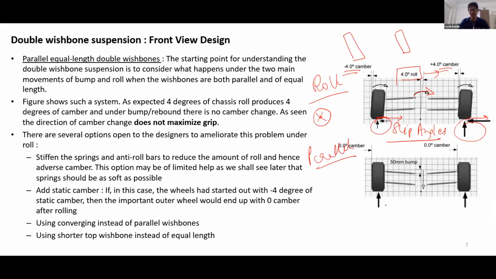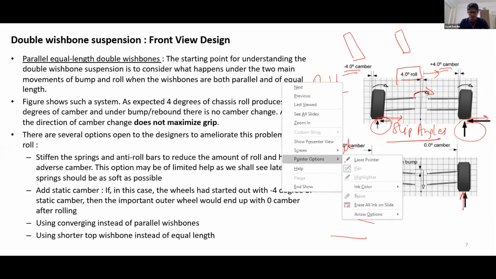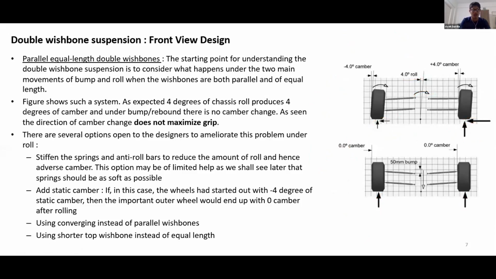During parallel travel, as you can imagine, with equal links, your chassis is basically fixed over here, only your wheel is traveling up and down, right? So if you have equal links, this is absolutely vertical.